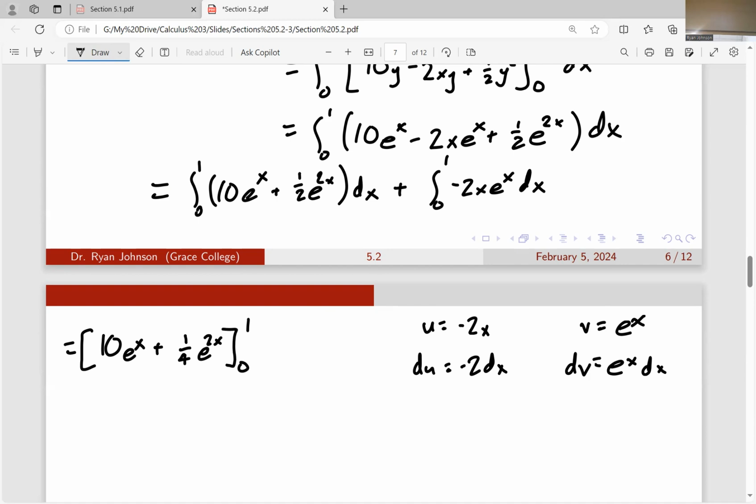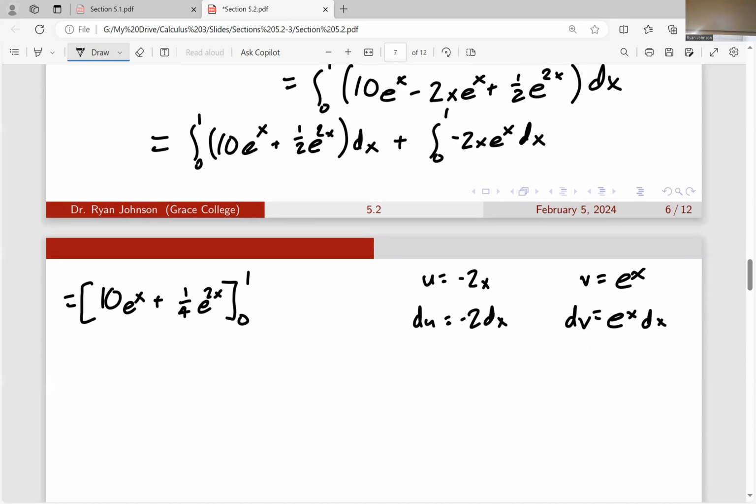And then plus the uv part, uv is negative 2x e to the x from 0 to 1, and then minus the integral from 0 to 1 of v du, negative 2 e to the x dx, and two negatives make a positive.